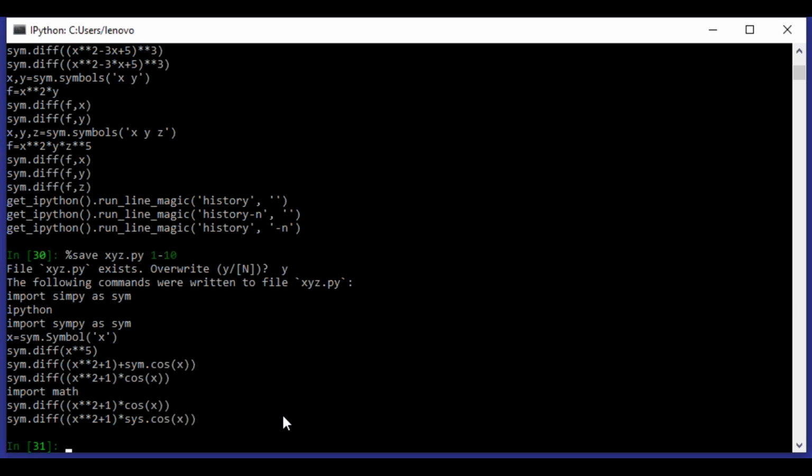Okay, next we can concentrate on derivatives and integrals using the SymPy package. Here we use the SymPy package for finding the differential. Symbolic computation deals with the computation of mathematical objects symbolically.